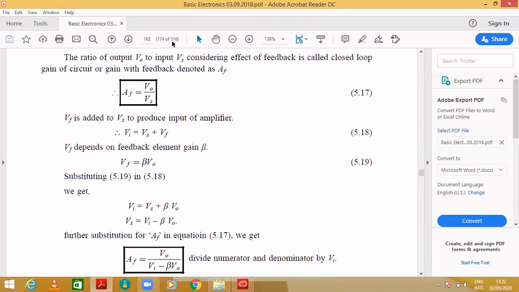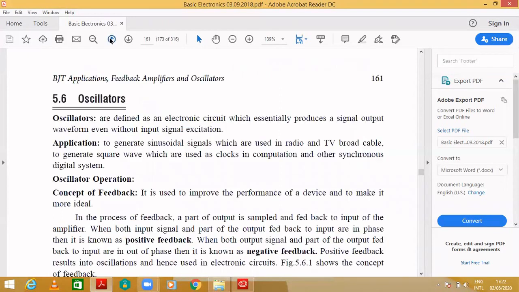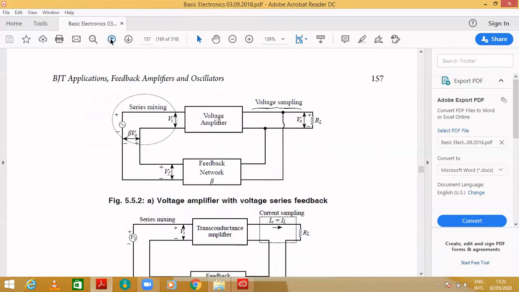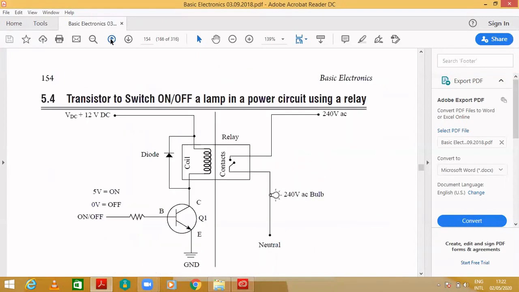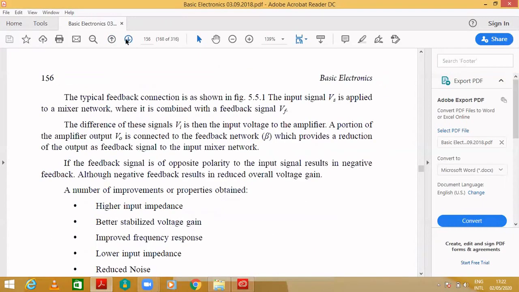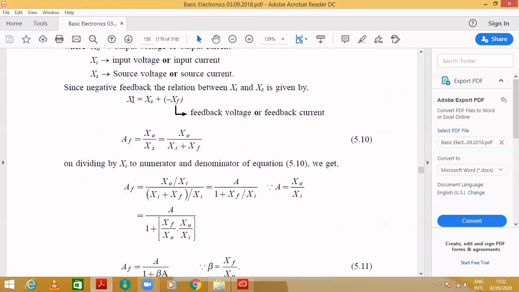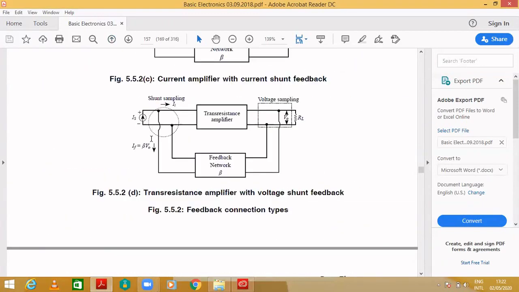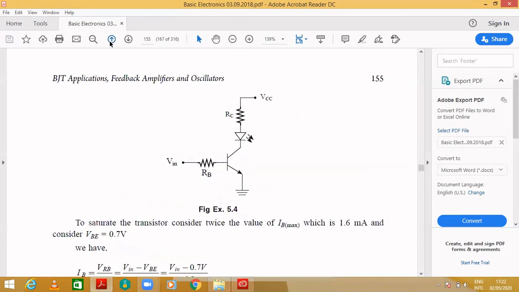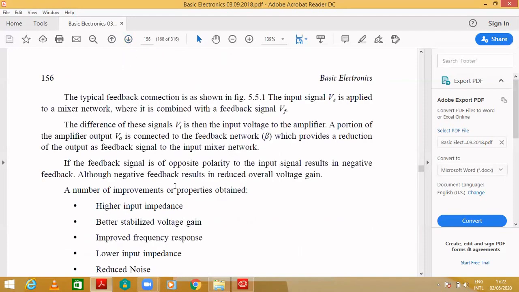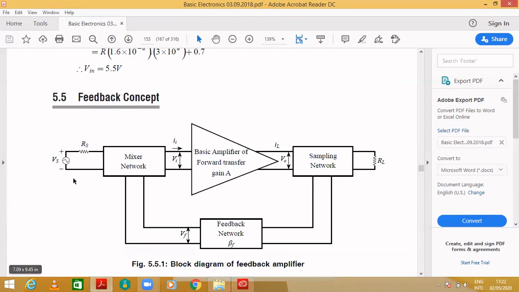Here you can see you are giving some Vs and you are getting Vf, and by mixing these two you are getting Vi.